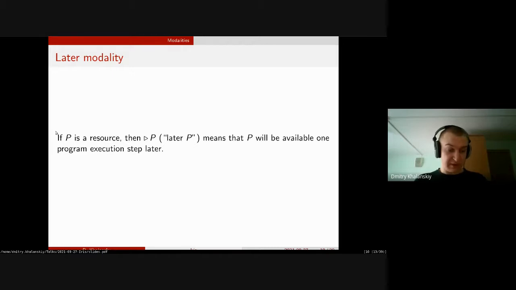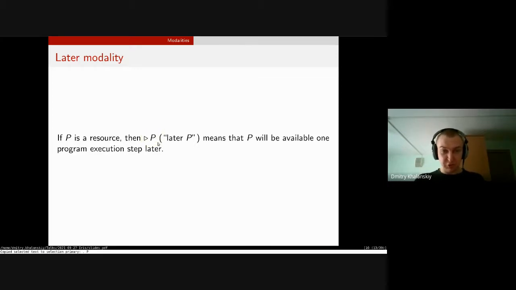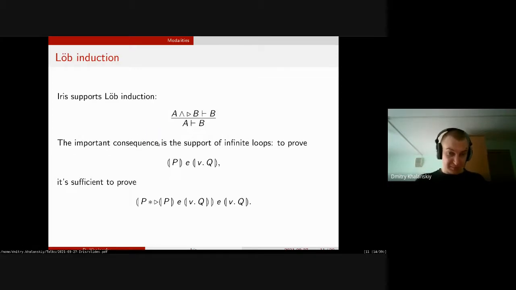So it is unlikely that you will encounter the later modality in proofs directly if you use Iris. However, there is one place where you will for sure encounter the later modality, and it is in the notion of unbounded recursion or loops that may spin forever.